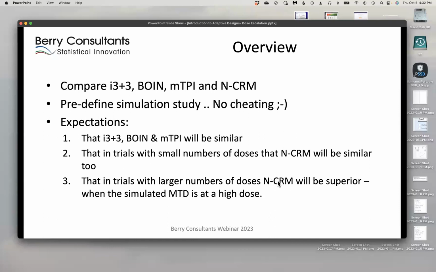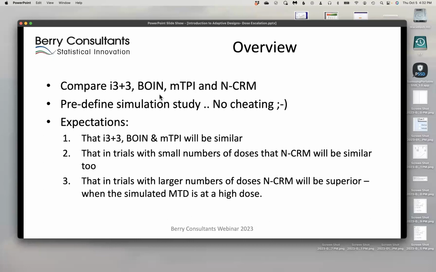And this is because what distinguishes the CRM methods is that because it's fitting a model through all the data points, it's borrowing information from the earlier doses onto the current dose in a way that the I3+3, the BOIN, and the MTPI don't.